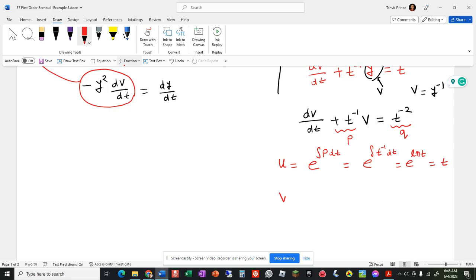So the v is going to be equal to integral of u q over u. So let's substitute. My u is t, and the q is t to the power negative 2. So let's do that.